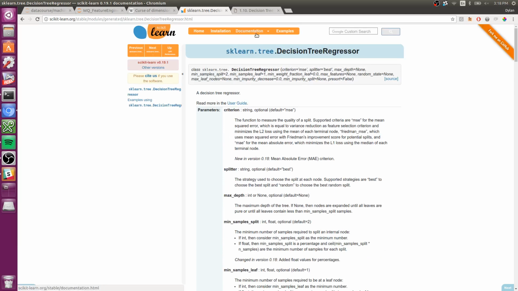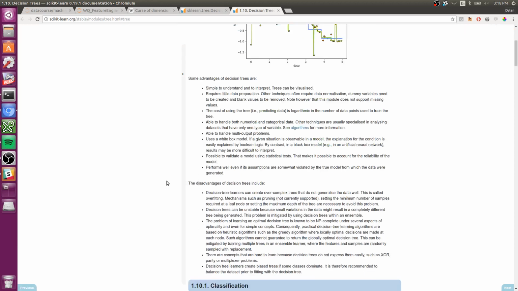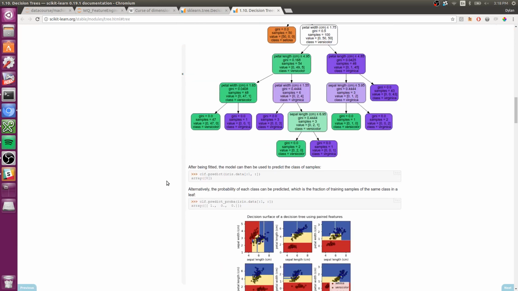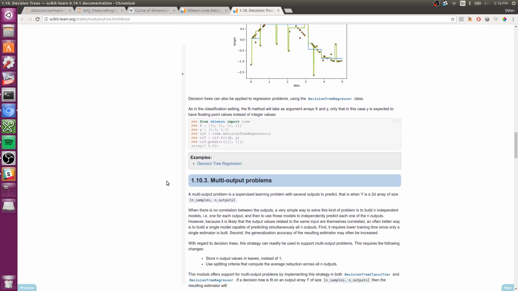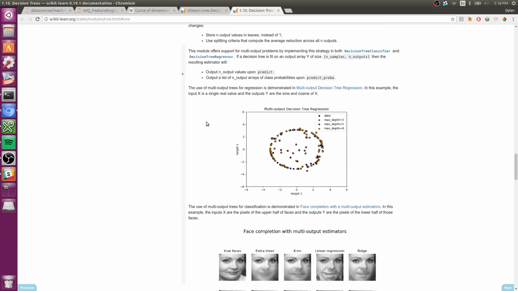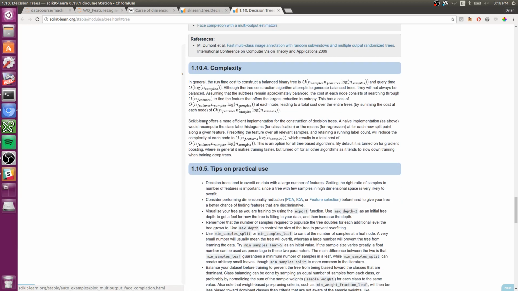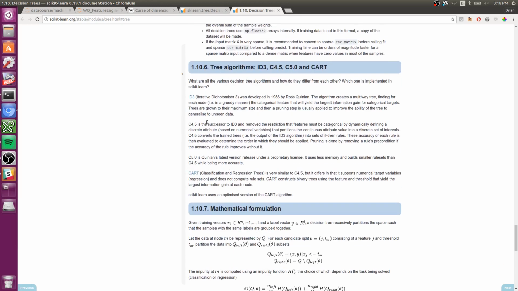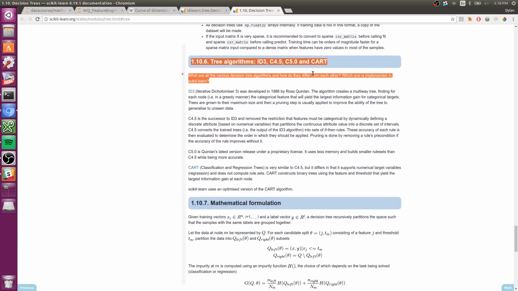There's a user guide where the algorithms used for making splits in a decision tree are described.